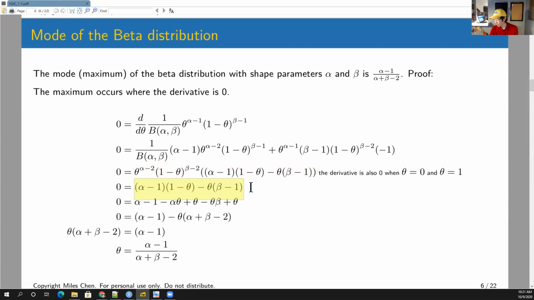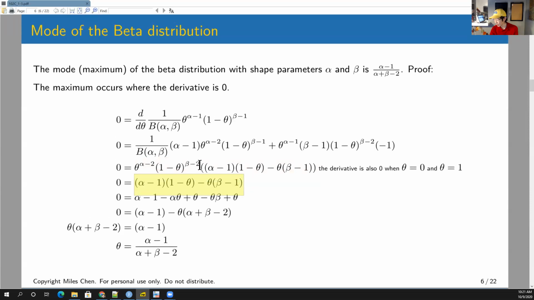Okay, basically, assuming theta is not 0 and theta is not 1, I just divided both sides. I divided 0 by this quantity and 0 by this quantity. Oh, okay. That was pretty simple. Okay, thanks.